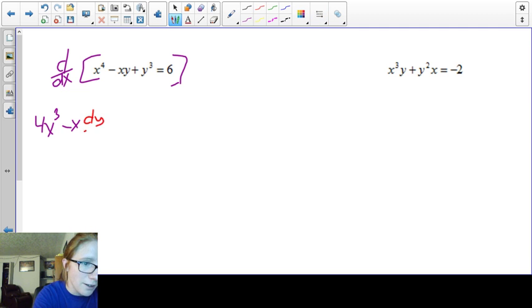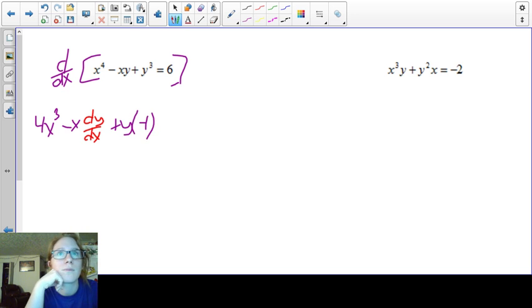So I essentially here have x dy dx. First times the derivative of the second plus the second times the derivative of the first. So the second was y. Derivative of negative x is negative 1. That negative sign's still associated with it. So yes, it is -1.